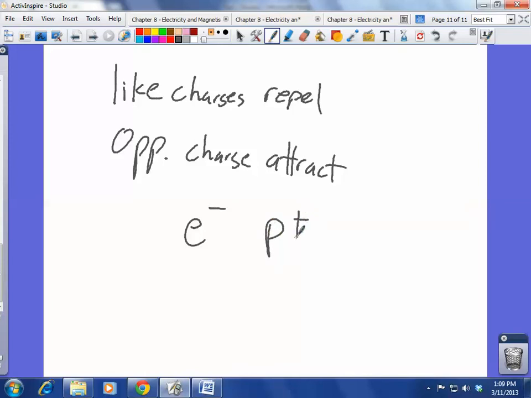So when I say something is negatively charged, it means it has an excess of these electrons. The positively charged has an excess of protons. Because in us right now, there's all sorts of electrons and protons, but for the most part, they're balanced. It's only when they get unbalanced that we notice this.